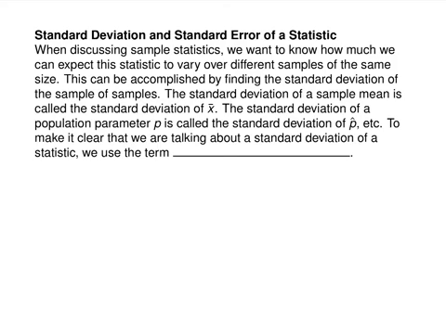When talking about sample statistics, we want to know how much we can expect this statistic to vary over different samples of the same size. This is a little bit weird, but what you do is you find a standard deviation of your sample of samples. Okay? So suppose you have samples of, I don't know, n equals 20. Lots of samples of n equals 20.